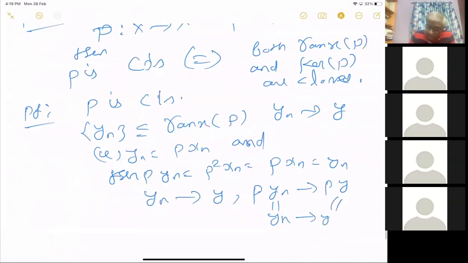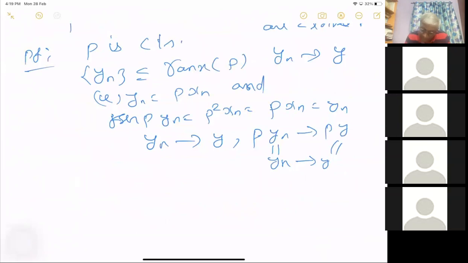So these two things should be equal, right? This implies P of y equals y. Okay, so that implies y is in the range of P.